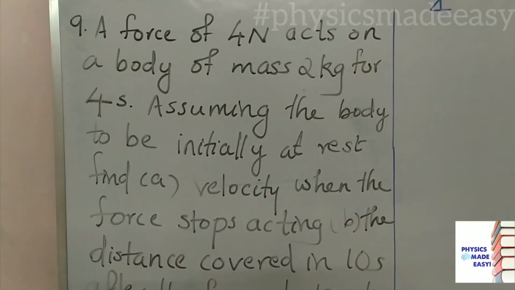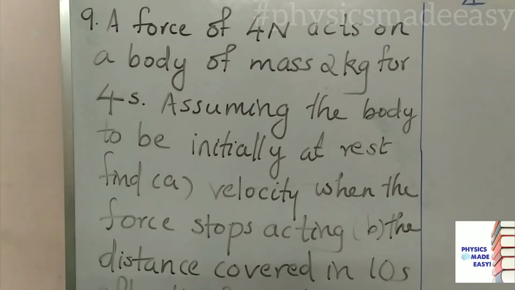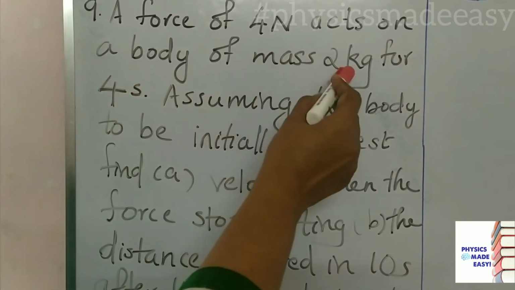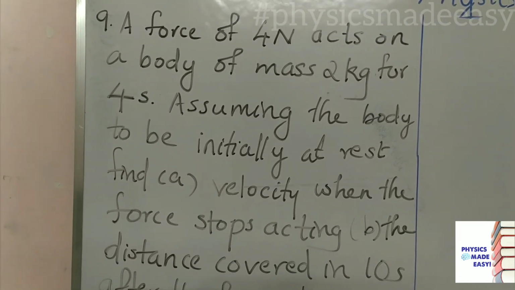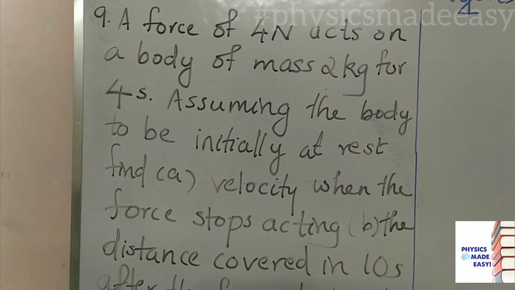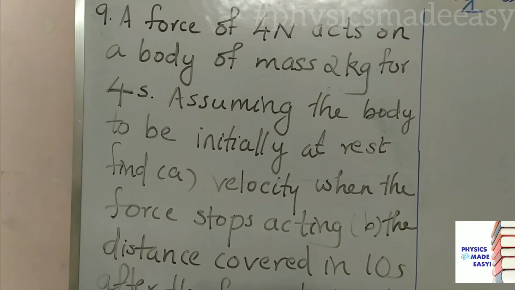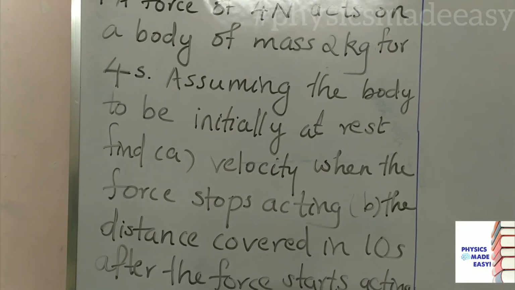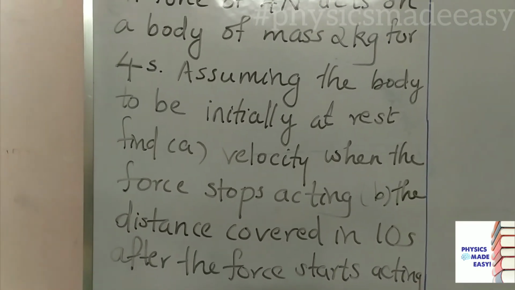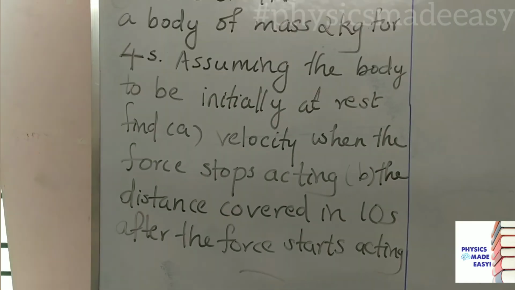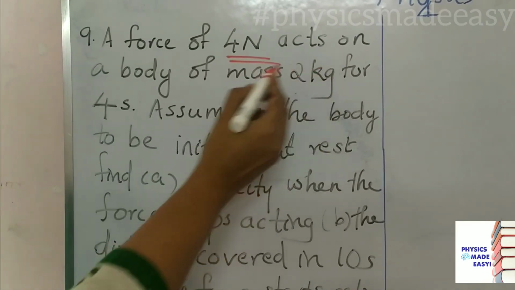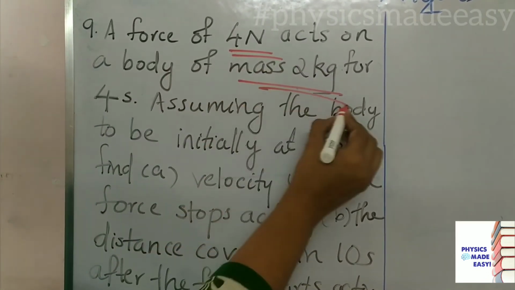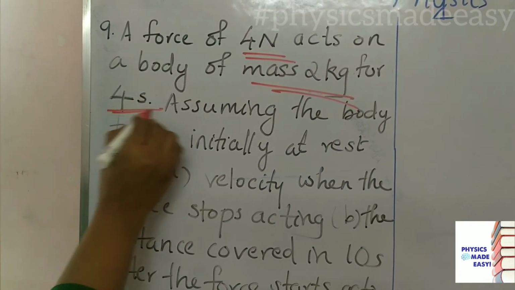You can see a force of 4 Newton acts on a body of mass 2 kilogram for 5 seconds, assuming the body to be initially at rest. Find the velocity when the force stops acting and the distance covered in 10 seconds after the force starts acting. A force of 4 Newton acts on a body of mass 2 kilogram for 4 seconds.